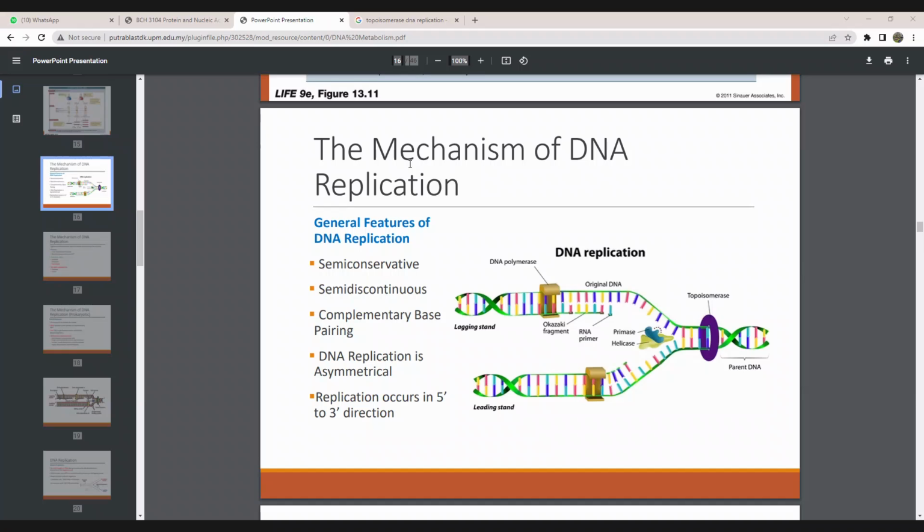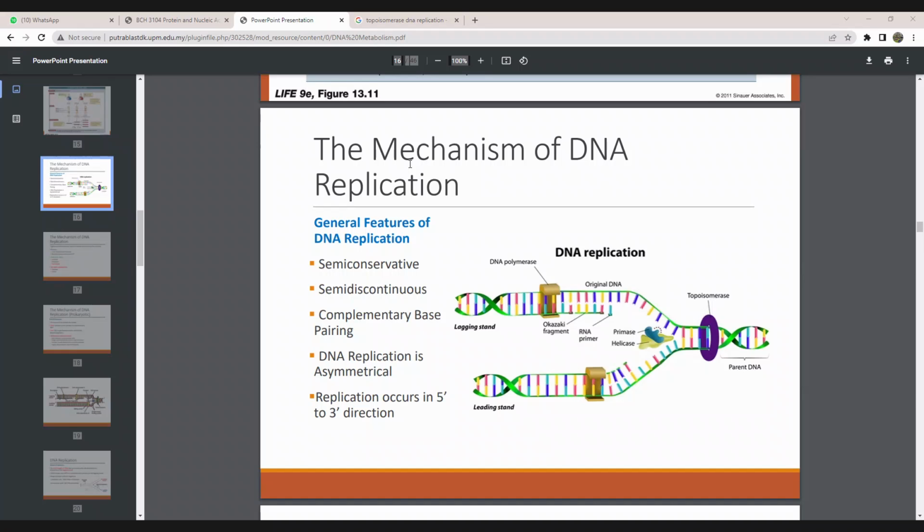Okay, semi-conservative, we know that DNA is double-stranded. It separates into two single strands that act as a template for the formation of a complementary strand.